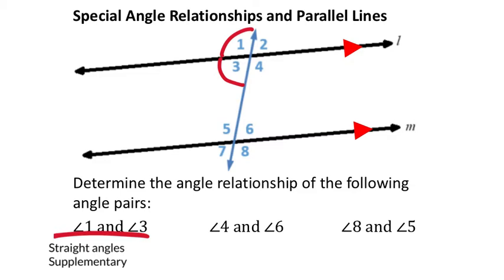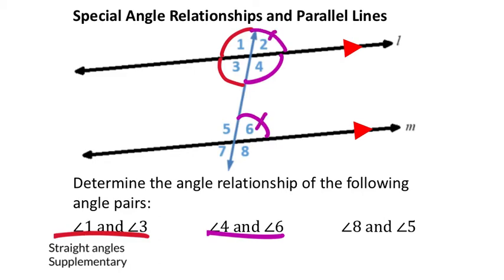All right. Well, how about angles 4 and 6? There's angle 4, there's angle 6. Well, these two are on the interior, right? But see how they're on the same side of the transversal? So they're not alternate interior angles. However, you may notice that angle 6 and angle 2 are congruent, right?